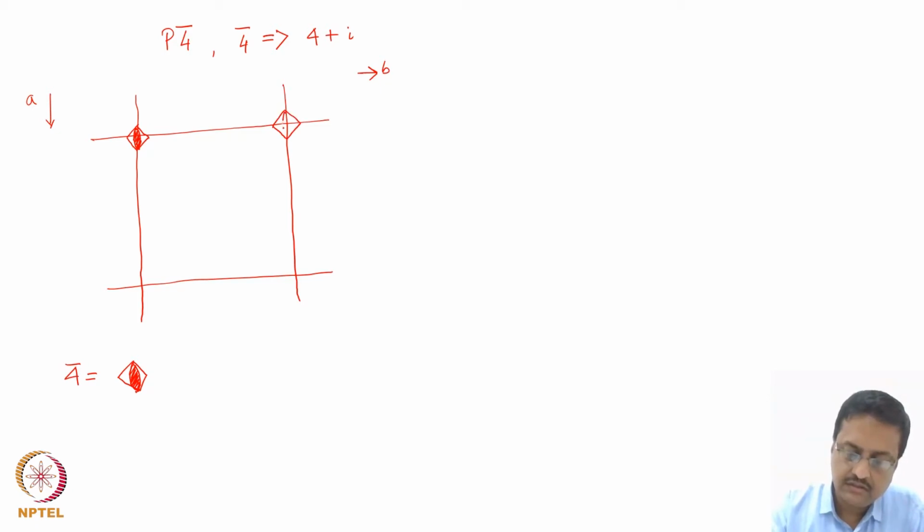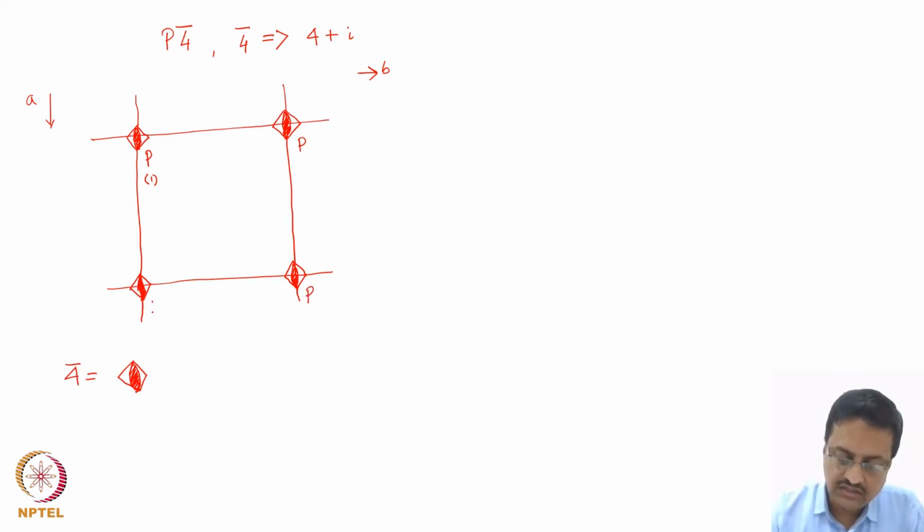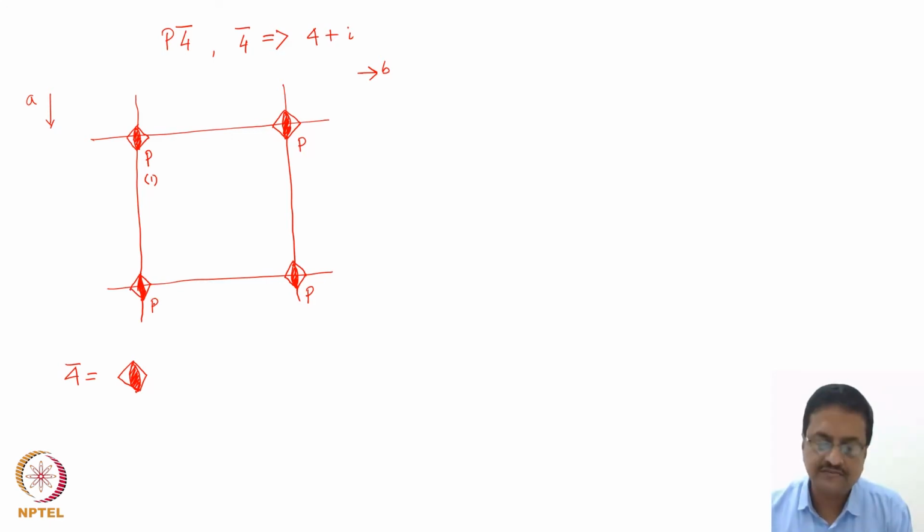So first things first, we should draw the notation for the symmetry element, that is 4 bar. And then we draw the corresponding object P, which is our point number 1, and the corresponding translational components as we always draw. So then you do a 4 bar operation.